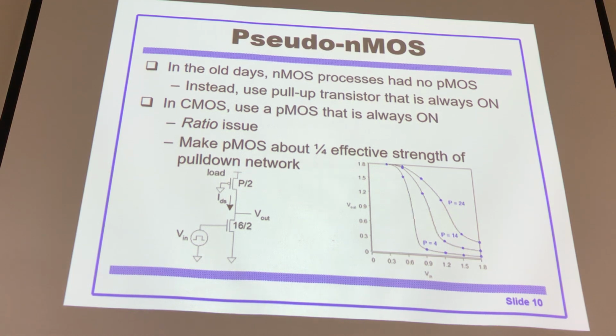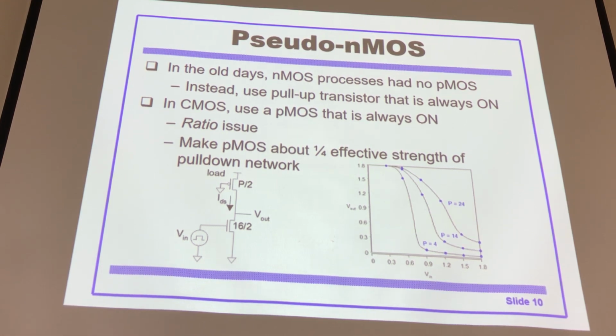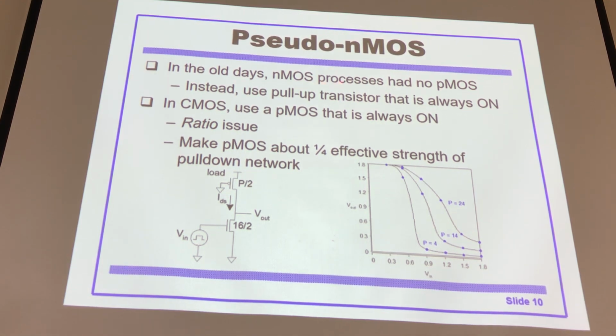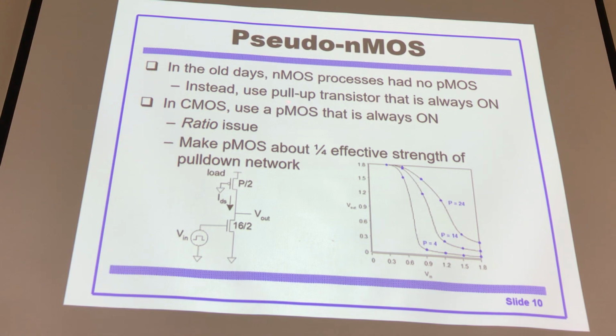Now, actually, pseudo NMOS appeared even earlier than static CMOS. In the old days, NMOS processes had no PMOS transistor, only NMOS transistors. In that time period, instead we tried to use a pull-up transistor that is always on.